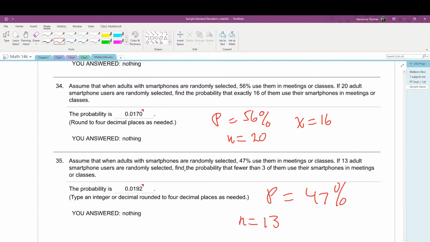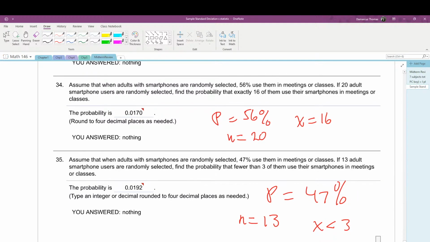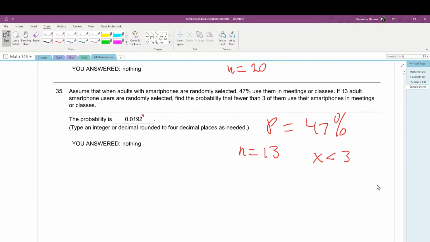But this says, find the probability that fewer than 3 of them use their smartphones. So that's x is going to be actually less than 3, meaning either probability of 0, probability of 1, plus the probability of exactly 2. These are the 3 possibilities, and you would add them all up.